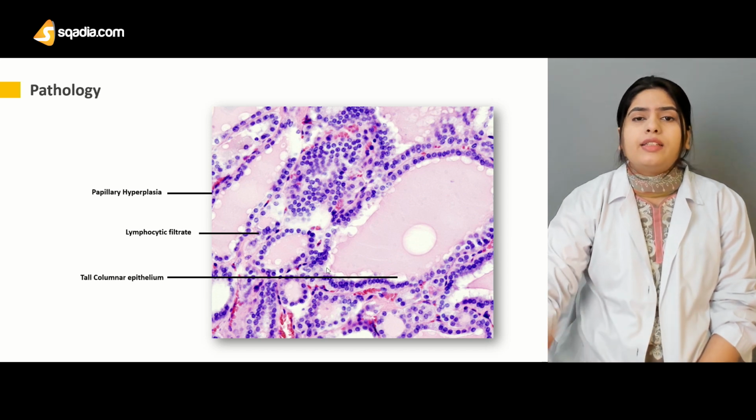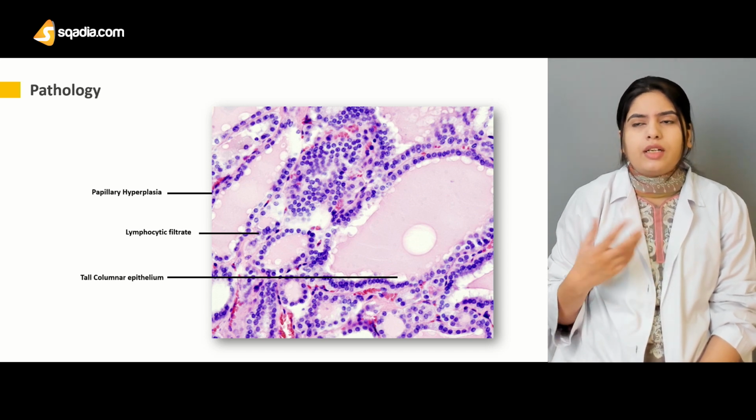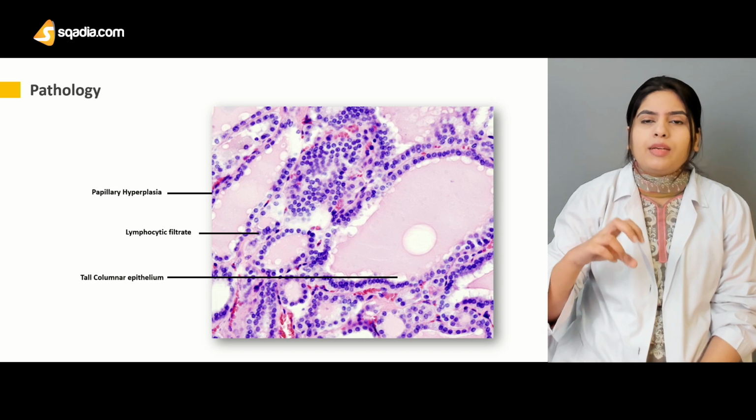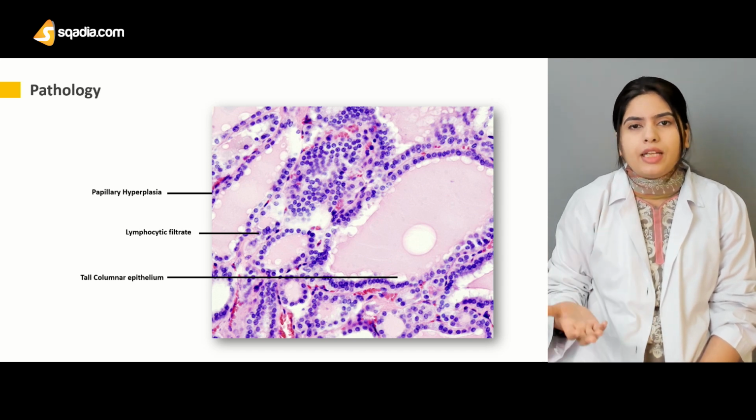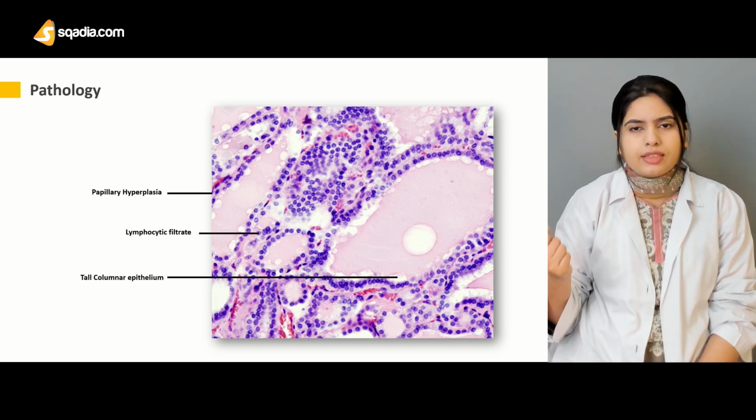And then when the patient is treated with antithyroid drugs or other treatment options, this tall columnar epithelium changes to cuboidal epithelium. That totally depends upon the hyperplastic condition of the cells and the secretion of the thyroid hormone.